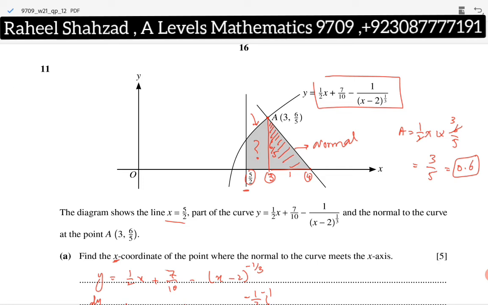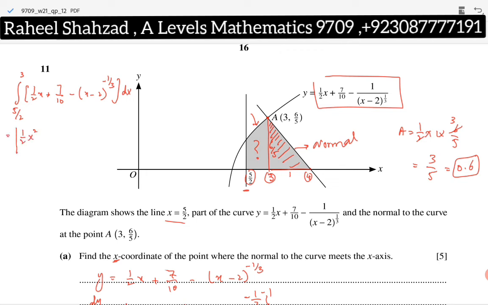So we integrate from 5 by 2 to 3, 1 by 2x plus 7 divided by 10 minus (x minus 2) power minus 1 by 3 dx. We are going to integrate it with the upper limit and lower limit.